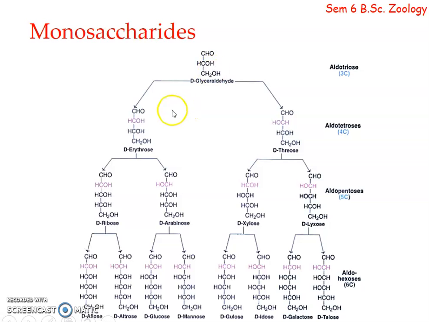We can make the structures of all the aldoses from this particular aldotriose. To make the tetroses, maintaining the first, second, and third, we just add another CHOH at this position between the first and the second in the aldotriose. So you can see CHO, it is the same.